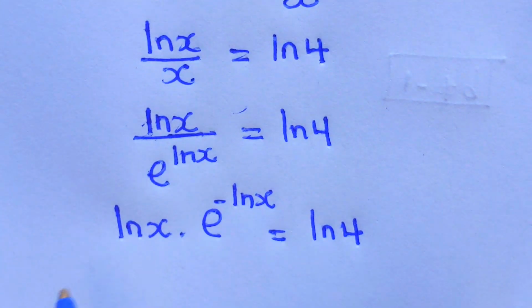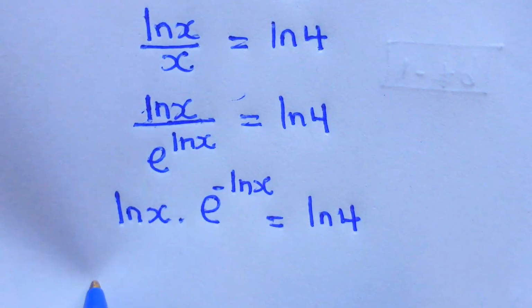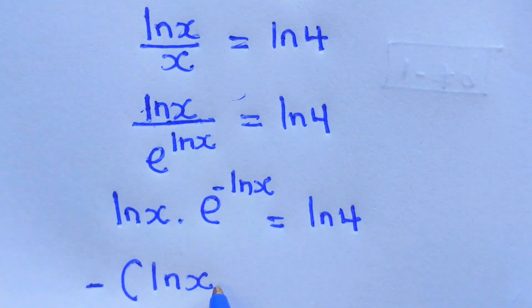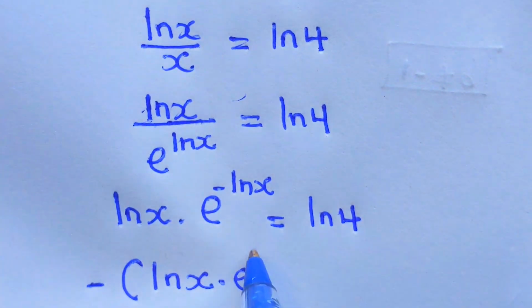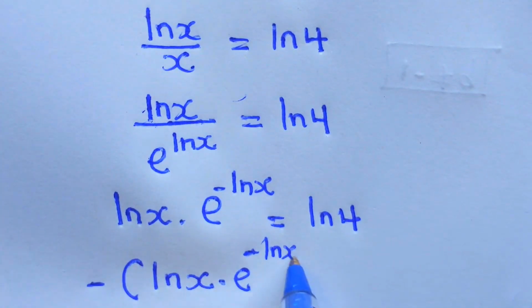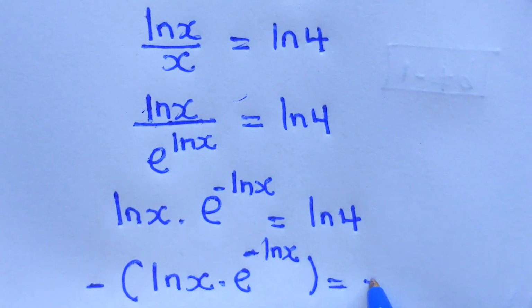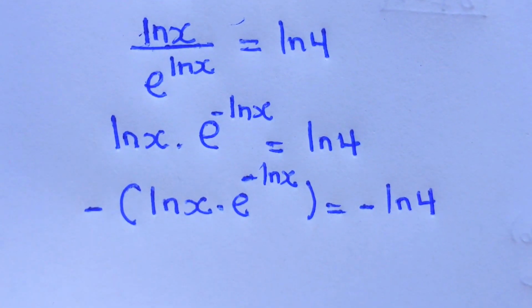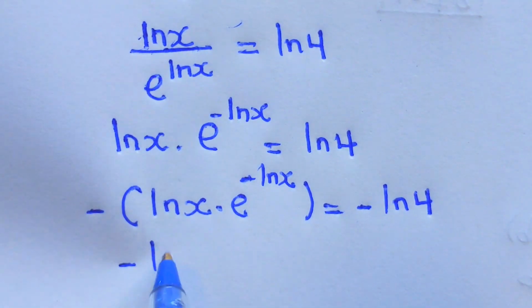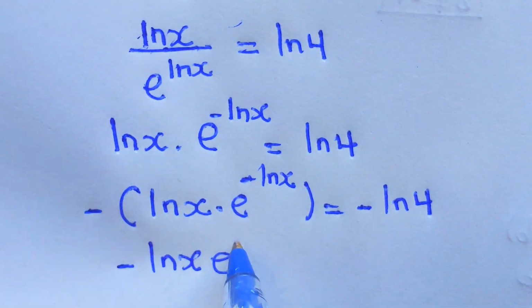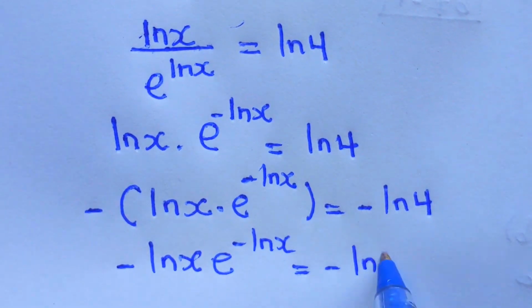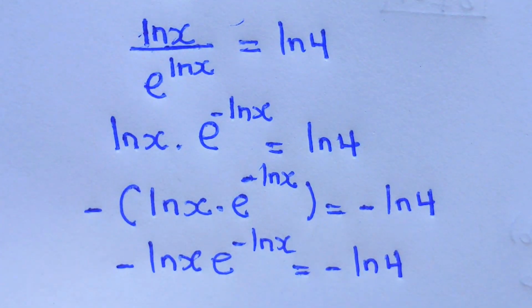At this stage, in order to make it the same as what we have, we can multiply by negative on both sides. Negative ln x times e power negative ln x equals negative ln 4.